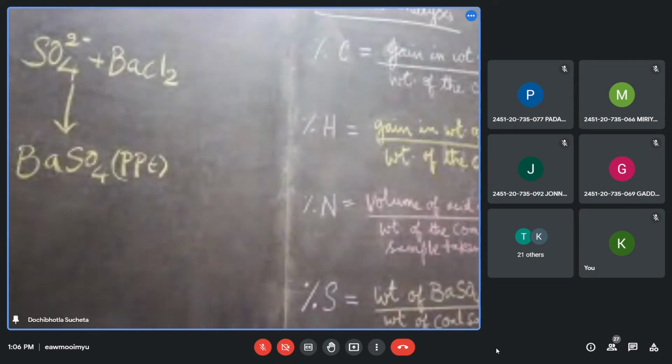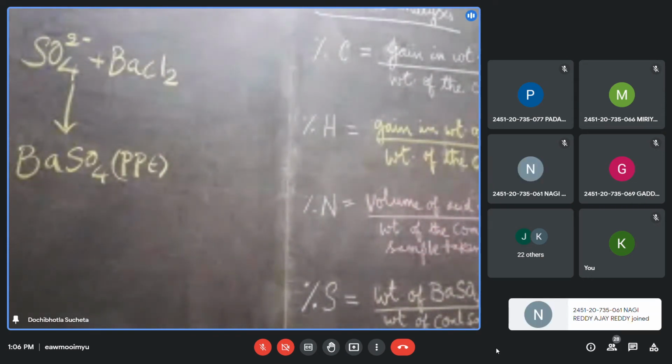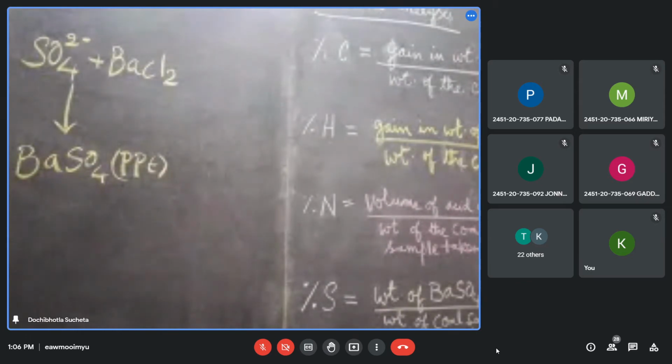Correct. The percentage of hydrogen is directly proportional. Why? Hydrogen supports combustion and increases the calorific value, but not always. Not all hydrogen is available for combustion.